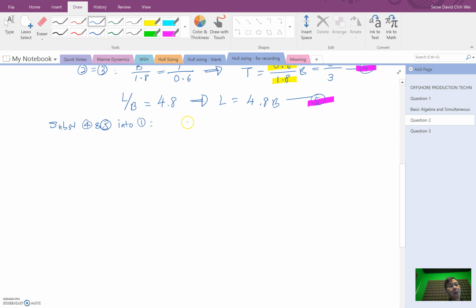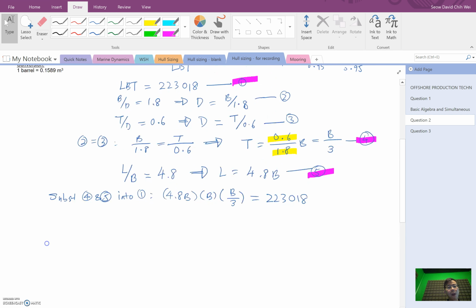I will have L is 4.8 B. B remains as B, and then the last bit is B over 3, which is T, is equal to 223,018.